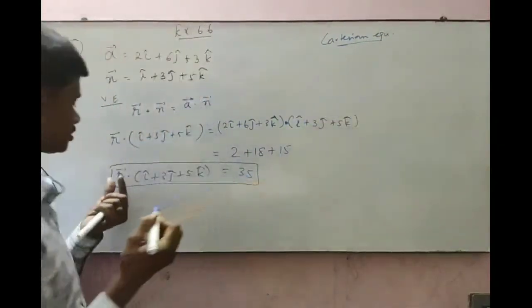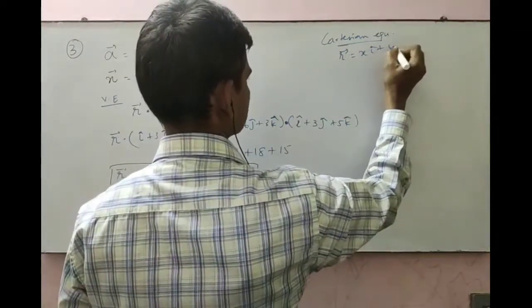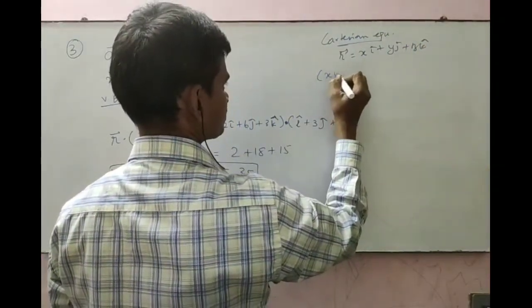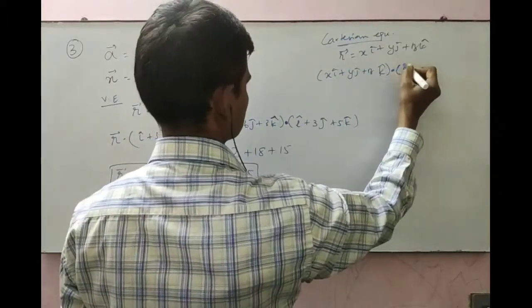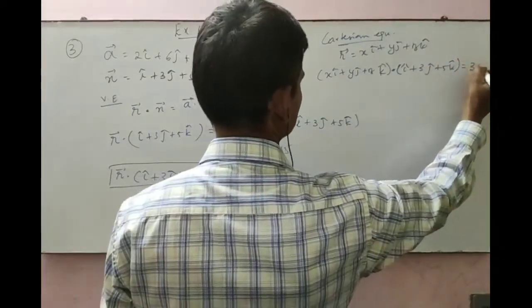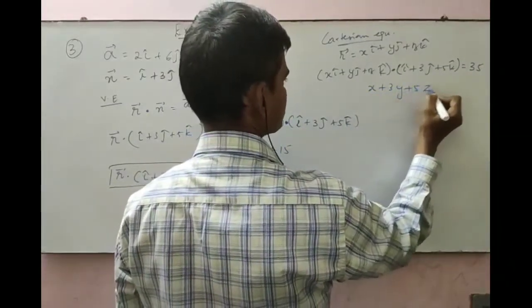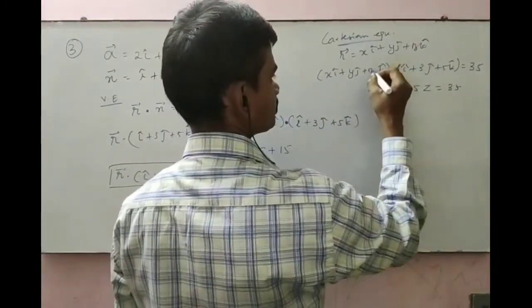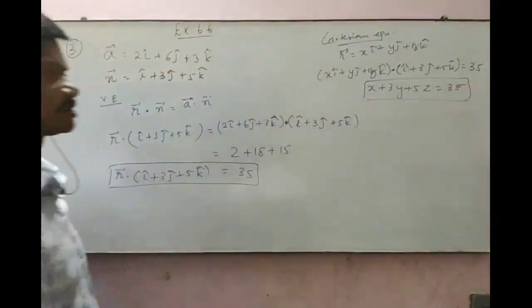So if you replace this r as xi plus yj plus zk and substitute here, xi plus yj plus zk dot i plus 3j plus 5k equal to 35, it gives the answer as x plus 3y plus 5z equal to 35. 1 into x, y into 3 gives 3y, z into 5 gives 5z equal to 35. So this is the Cartesian equation.